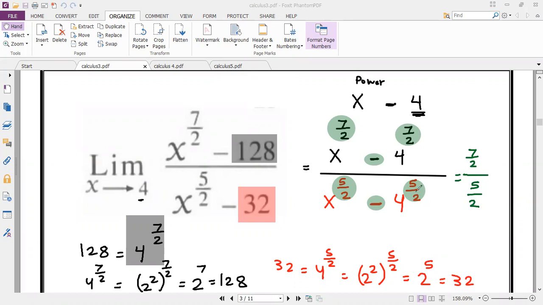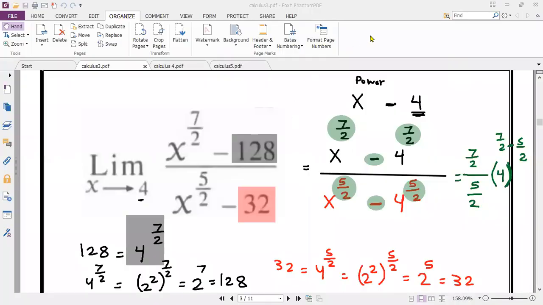Then you will take the number after the negative, which is 4, and subtract the powers. It will be 7 over 2 minus 5 over 2. Okay. You can use the calculator to find it quickly. It is going to be 28 over 5.